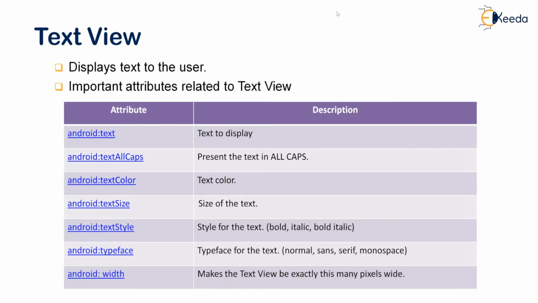We have some major attributes available to specify stylings for a text view, like how to set the text in capital letters, how to set the text color, how to change the text size, how to make a text bold or italic or bold and italic, and how to set the font for a text view. Now let us see how to create and implement these attributes in real time.